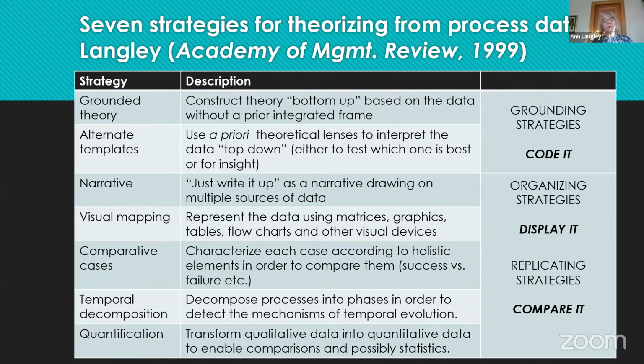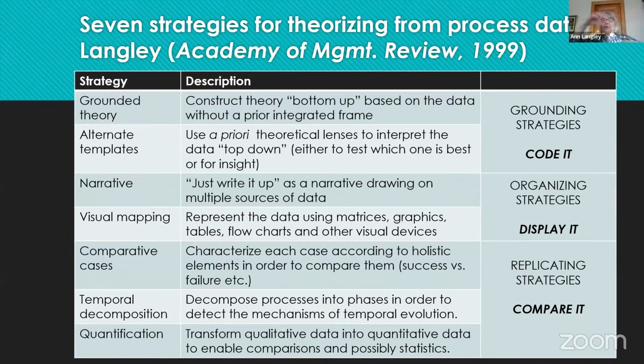So the first one, grounded theory, is this idea that you're going to start with the data and build your theory bottom up from the data. The second one is a different way of looking at it. Instead of building up your theory bottom up, you're going to take a priori known theoretical lenses and fit them to the data top down.